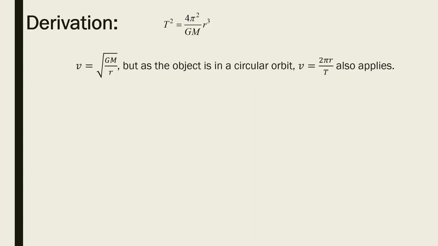And you need to be able to derive Kepler's third law. So you need to be able to derive this one. There's a few derivations. The way that we derive this one is as follows. We've derived this one previously: the speed of an orbiting body is equal to the square root of the universal constant G times the mass of the central body divided by the radius.